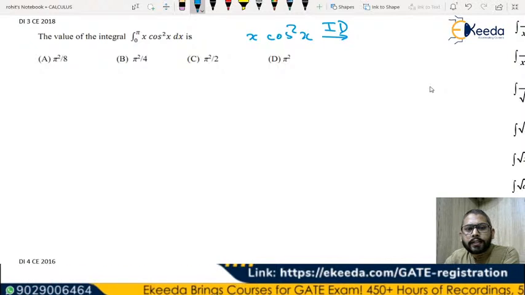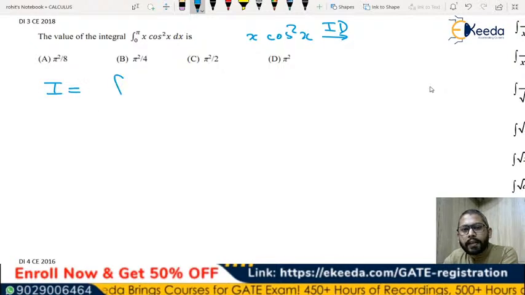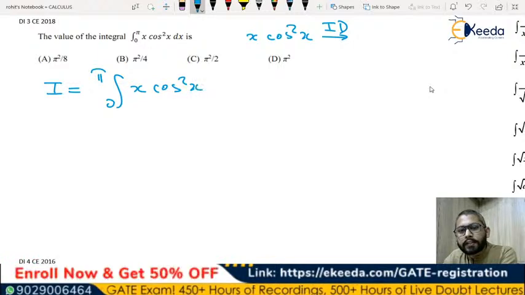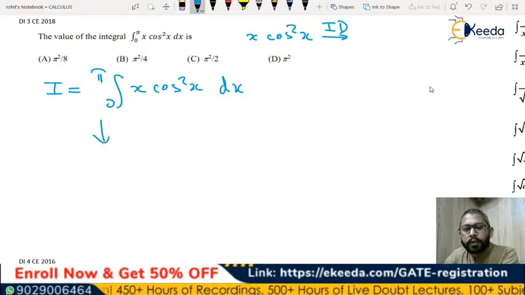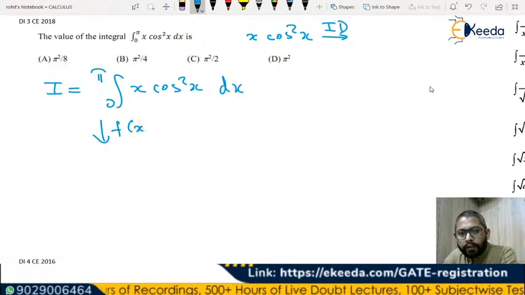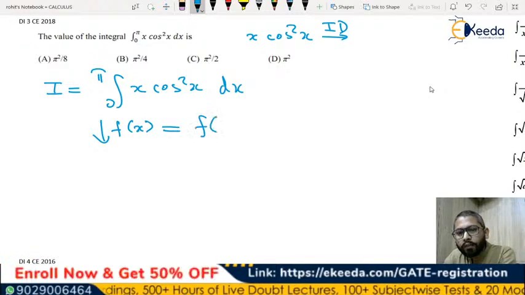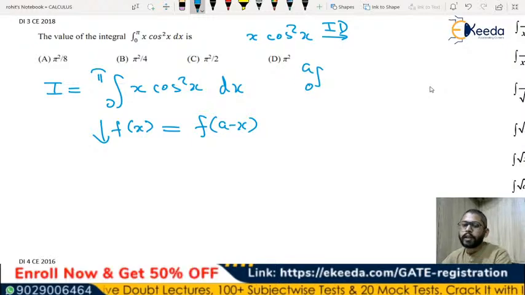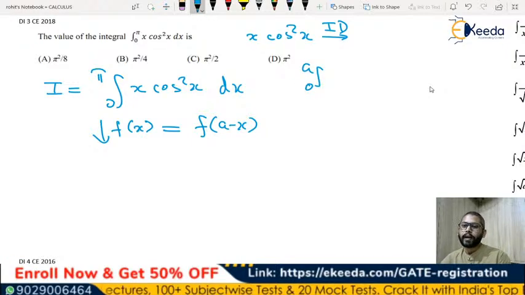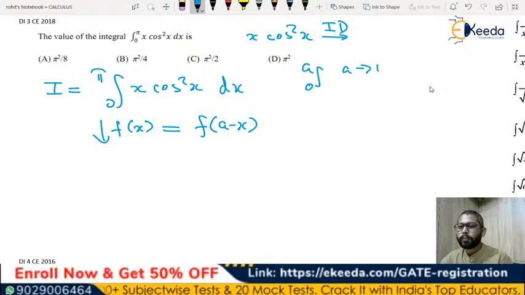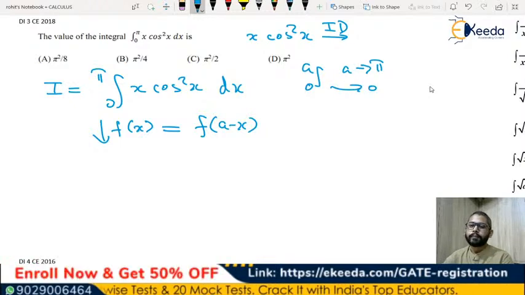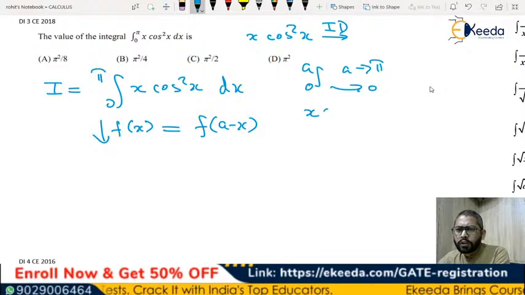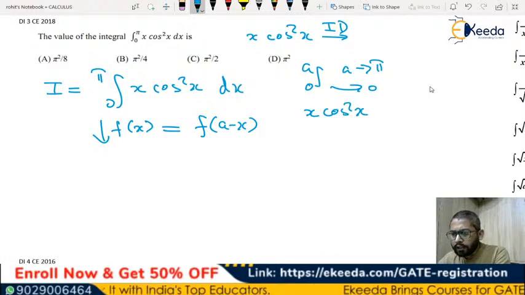But what we can do is also use the property: if I is the integral from 0 to pi of x cos square x dx, we can write f of a minus x instead of f of x, for the case where the integration is from 0 to a. So a is equal to pi and 0 is already 0, right? So what is f of x? It is x cos square x.